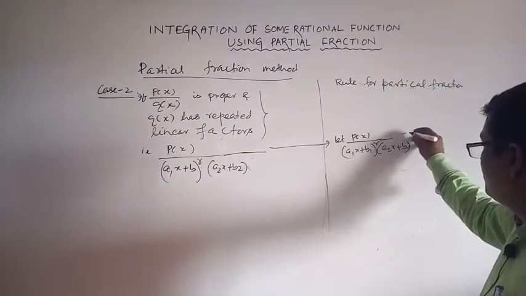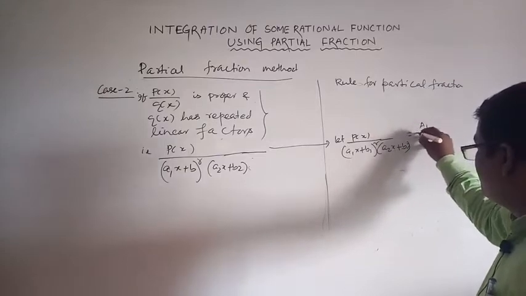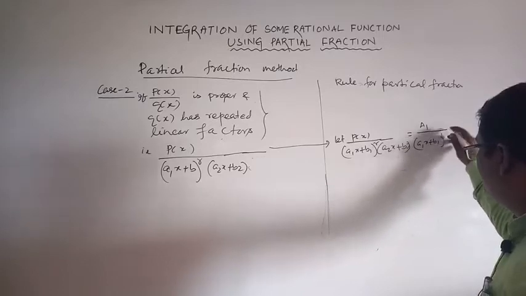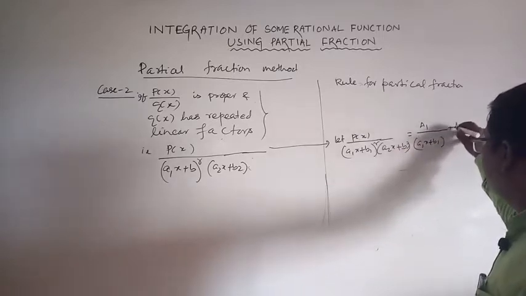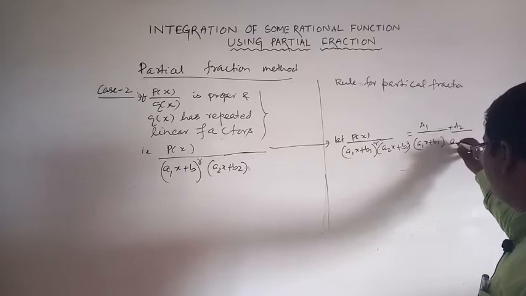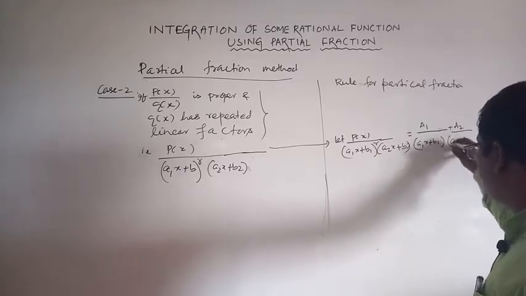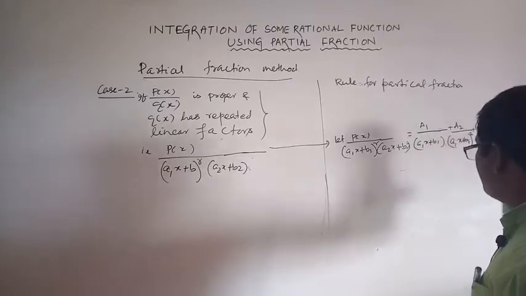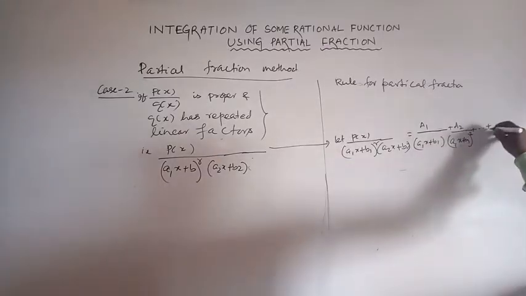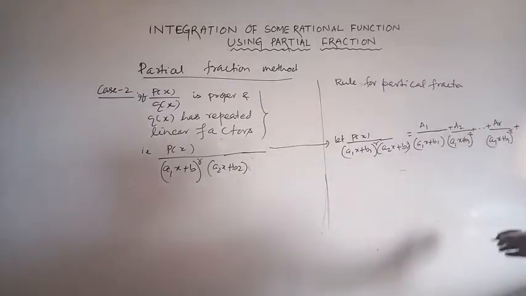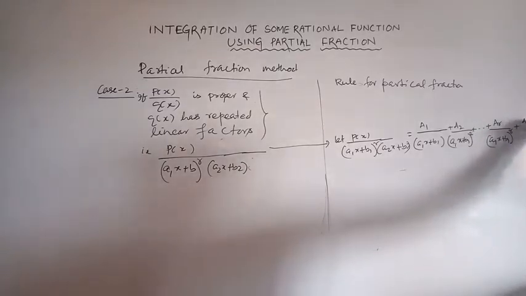First we have to write here A1 by (a1x plus b1) power 1, then A2 by (a1x plus b1) power 2, dot dot like this, Ar divided by (a1x plus b1) whole to the power r, plus another constant, suppose A(r+1) divided by (a2x plus b2).